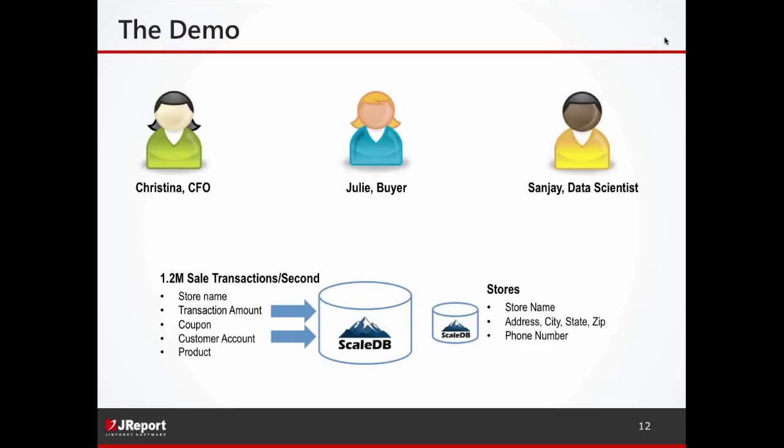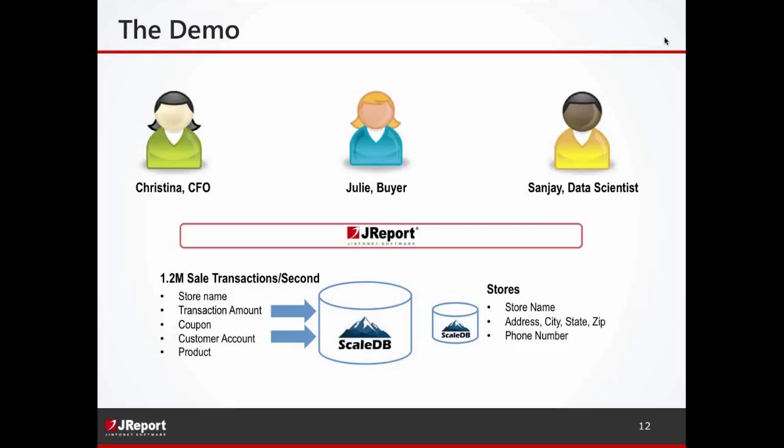Then we have a smaller table of the stores where we have information about those stores. And what we'll be doing as part of this is running a join process between that data. Again, something that you couldn't do in competitive solutions, particularly at this velocity. And then on top of that, as we mentioned earlier, we support MySQL.